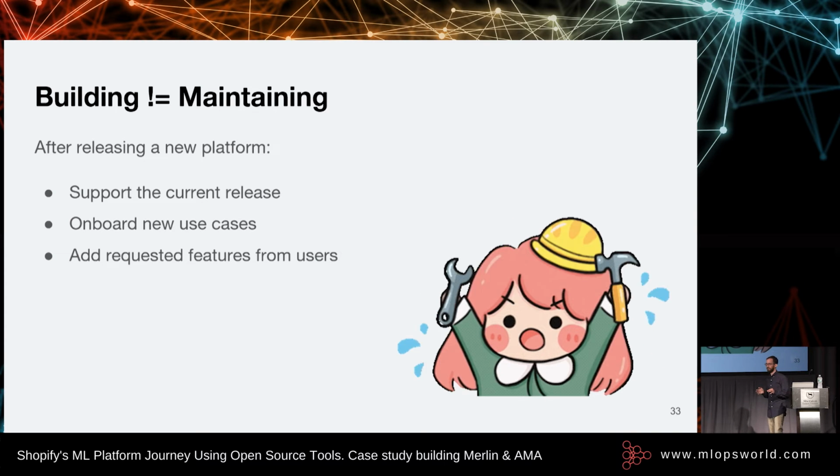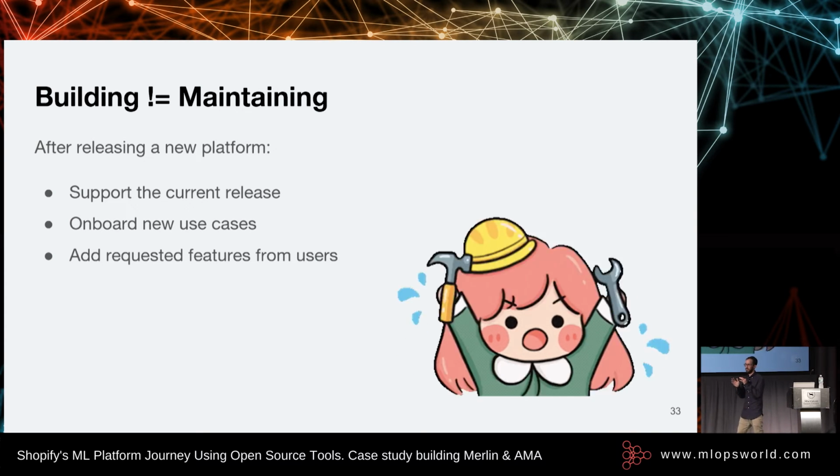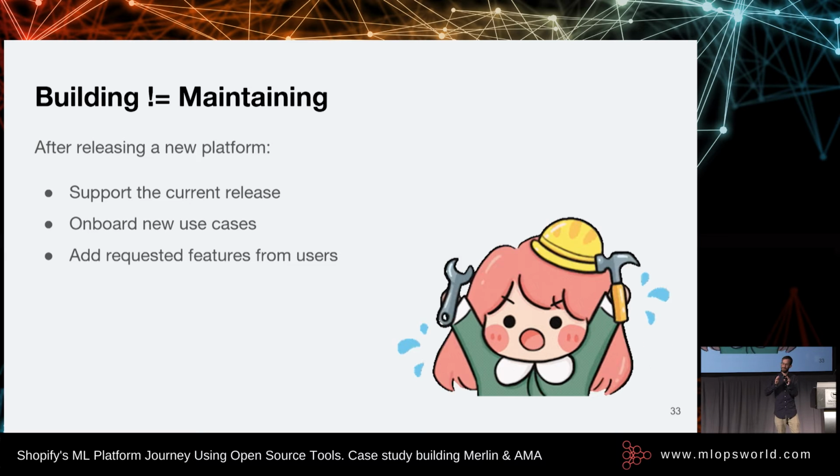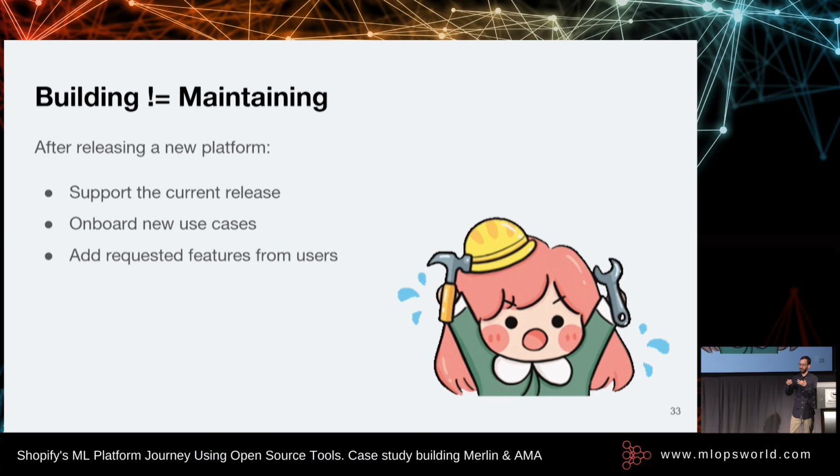Building a platform is completely different than maintaining a platform. And so when you're building, you have to move really, really fast. You can break things, everything is completely fine. And then you release your platform and you go into sort of like a maintenance phase where you're still building new things, but you have to make sure that your platform is stable as well.